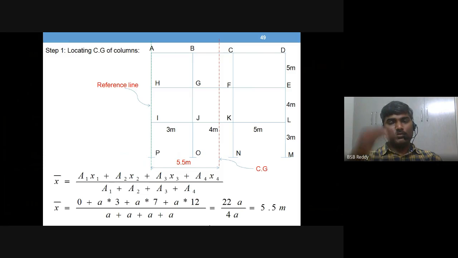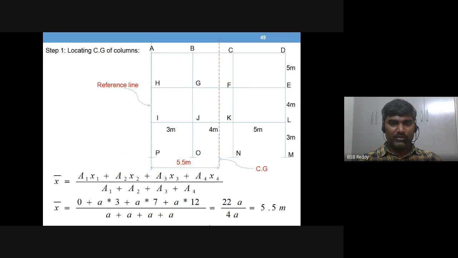In the procedure, step 1, it is told that first locate the CG of columns. How to locate the CG of columns? This is the way that we will proceed. Just recall the formula for finding the center of gravity from your engineering mechanics: x bar is equal to a1 x1 plus a2 x2 and so on, divided by a1 plus a2 and so on.